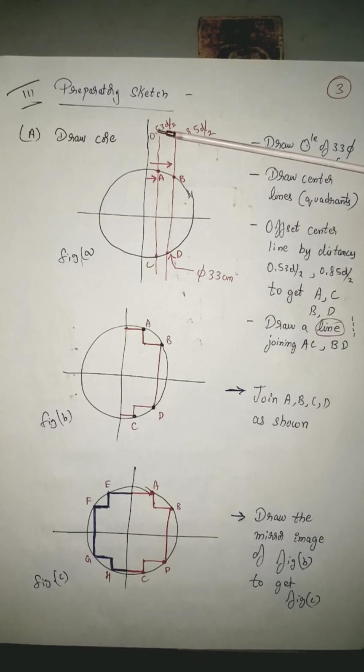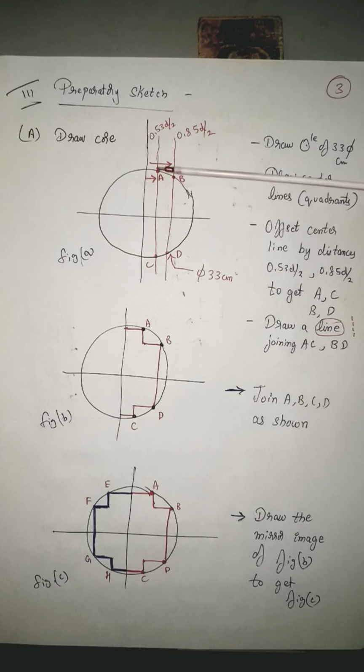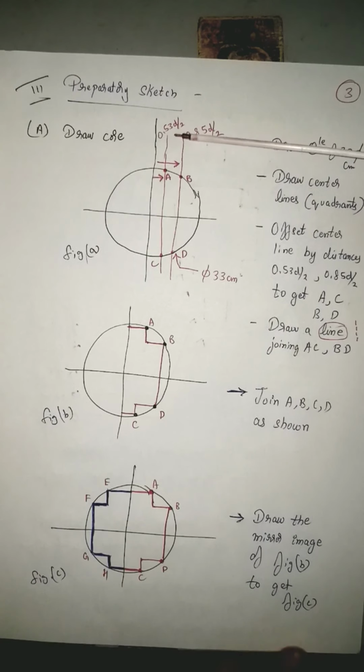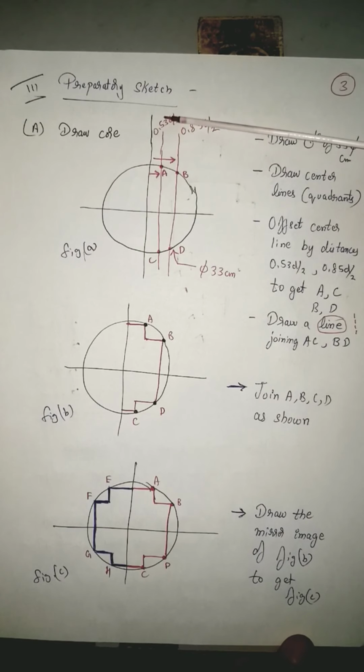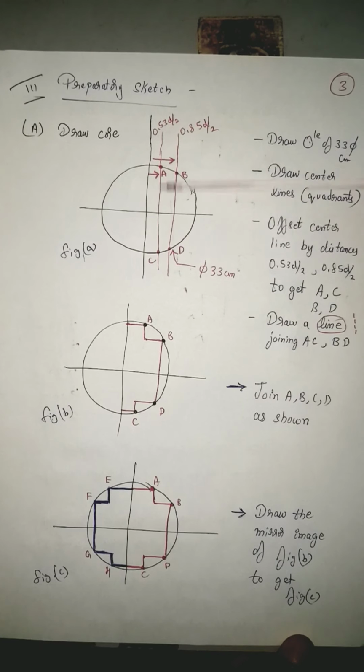So here I am going to locate this A. I am offsetting this center line by 0.53D by 2, whatever may be the value. So by that value, I'll draw one line here. I'm just trying to offset this center line by a value 0.53D by 2.